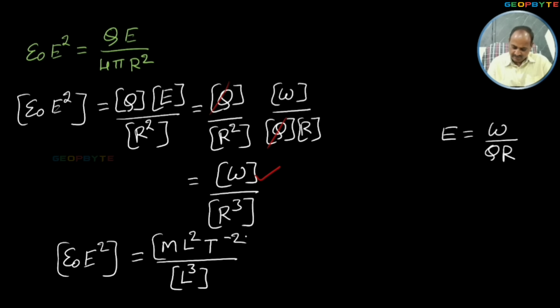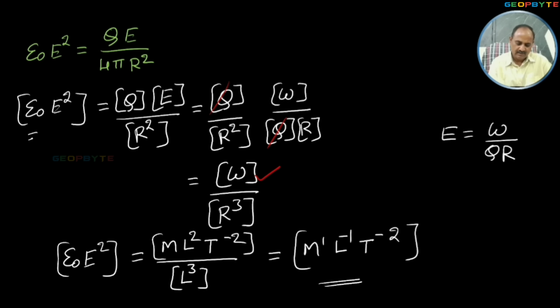Simplify this part for getting the dimensional formula. It is equal to M power 1 L power minus 1 T power minus 2. So this is the dimensional formula for the product of epsilon naught and E square: M L power minus 1 T power minus 2.